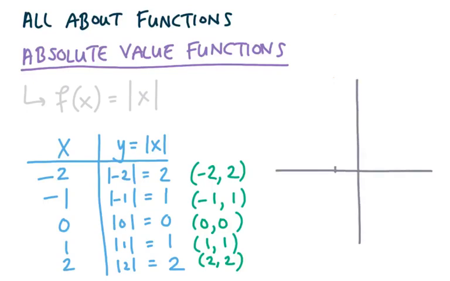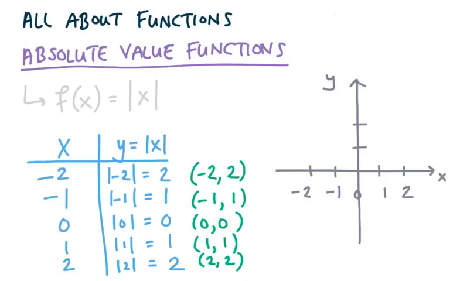And let's see, I need my x's to go as far to the left as negative 2, as far to the right as positive 2. And then in the y direction, we really are only going to have positive outputs, you can tell. Cool, so let's plot those 5 points.